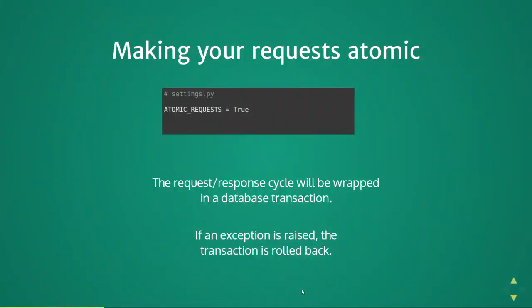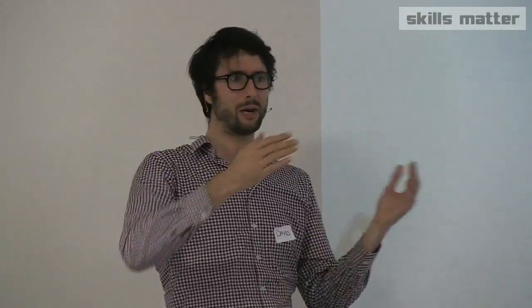So there's a very simple way of making sure that your views get wrapped in transactions. It's this setting. By default, it's turned off. But if you turn it on, then for every view, if there's any unhandled exception, then nothing that you do to the database will get committed. So this is really great, particularly if you're doing financial stuff, because you can look and you go, oh no, there was some bug in my logs.